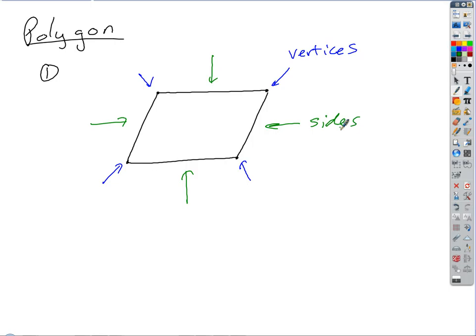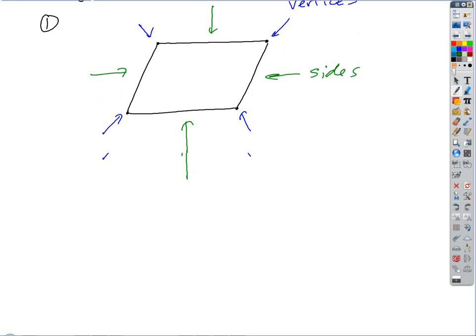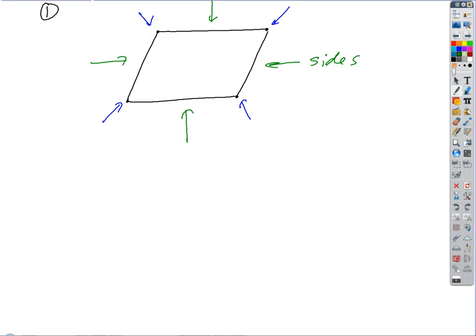Okay, very good. So let's say I want to draw a polygon that's got 5 vertices and 5 sides. The number of vertices would always have to match the number of sides, wouldn't it? Right? Okay, so does this work? Is that a 5-sided polygon?